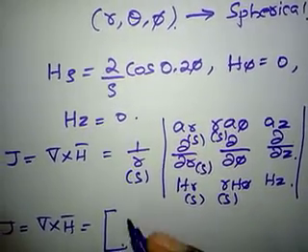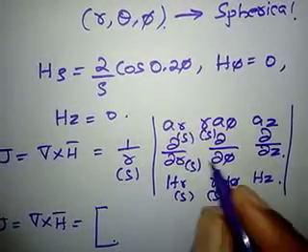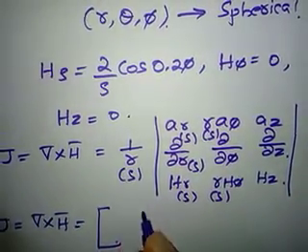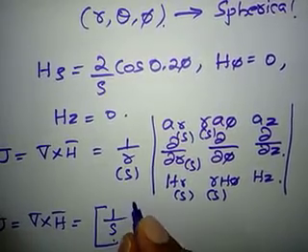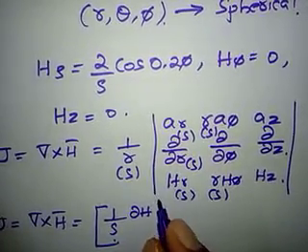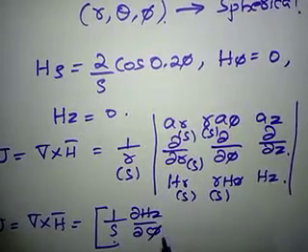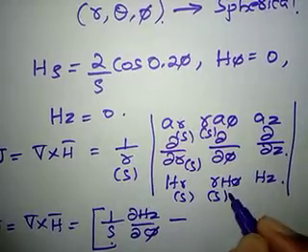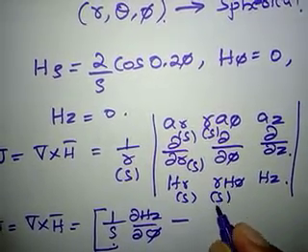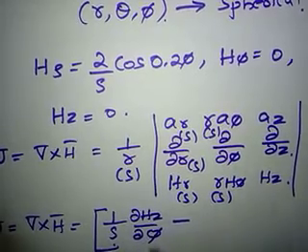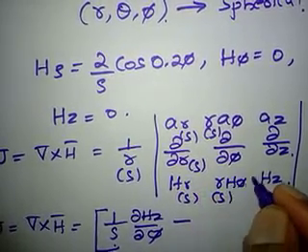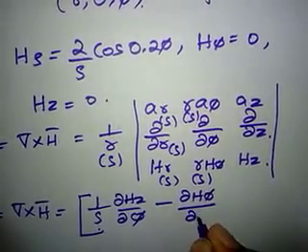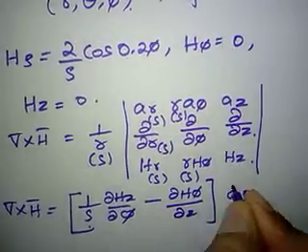So here J is equal to 1 by R into, this row goes, this column goes, so 1 upon rho into dou H Z by dou phi minus, this row, this column goes, so this minus this into this, R and R will get cancelled, so we get only dou H phi by dou Z a rho bar.